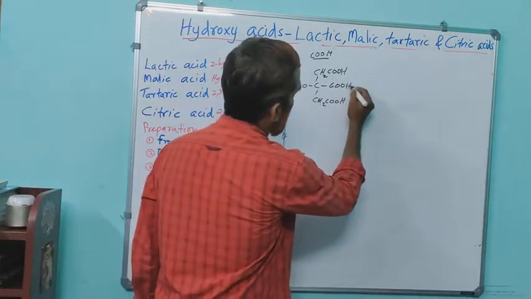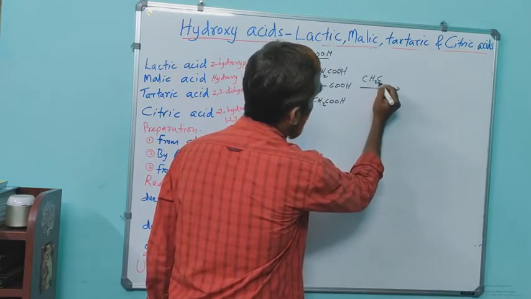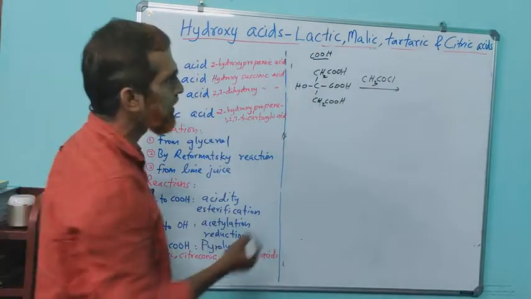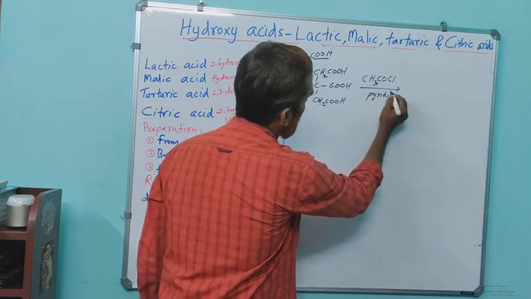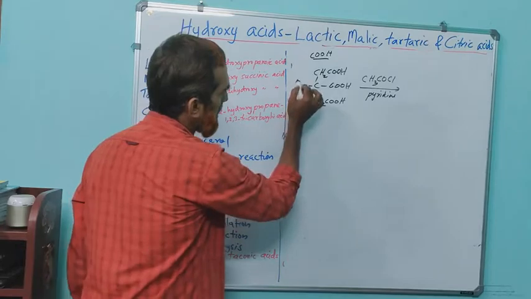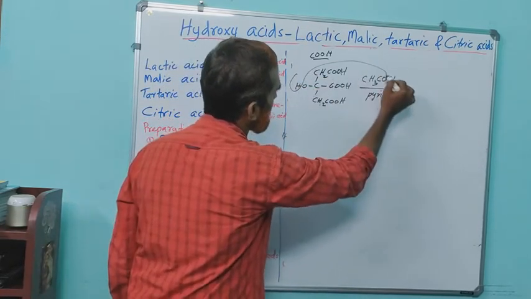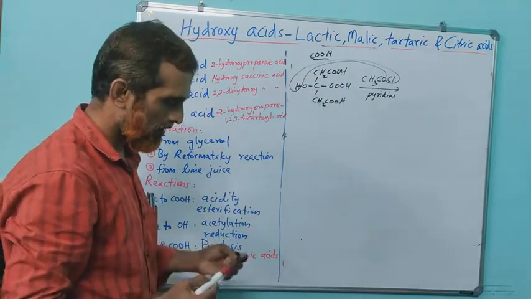You know, acetylation can be done using acetyl chloride or acetic anhydride. We learned that in acid derivatives, in presence of bases like pyridine. So this OH group gets acetylated, that means H is replaced by this one. So HCl is released. This is the nucleophilic acyl substitution actually.